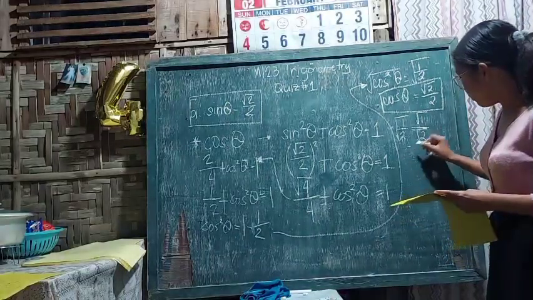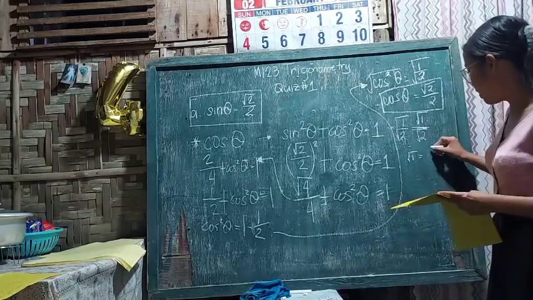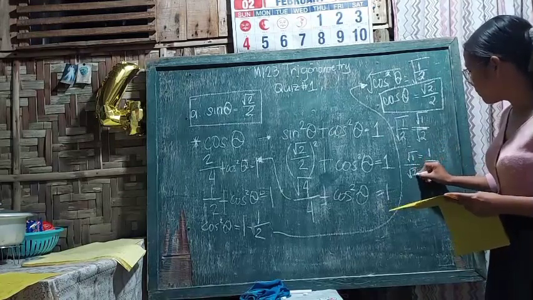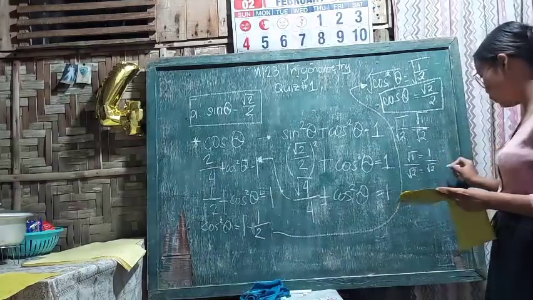So square root of 1 leaves us with 1, and square root of 2 leaves us with still square root of 2.